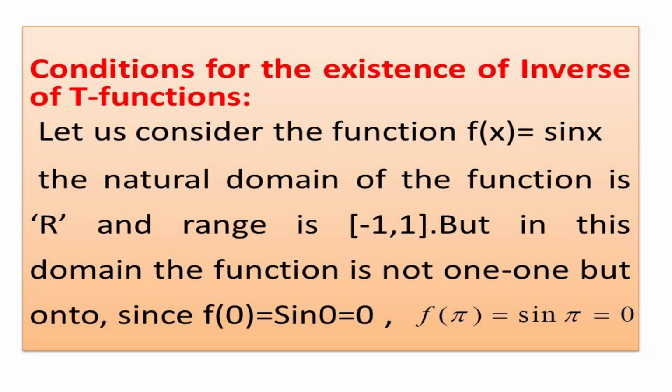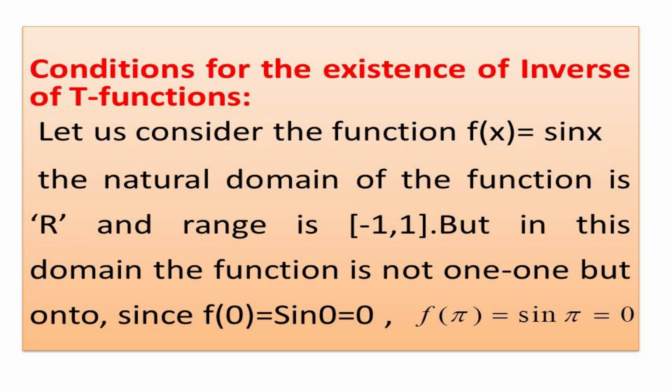You know that the natural domain of the function f(x) = sin x is R and codomain is also R, but the range is -1 to 1. But in this domain the function is not one-one, but onto.